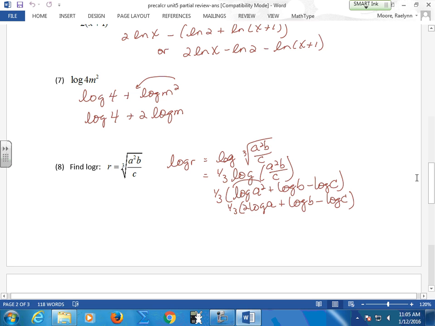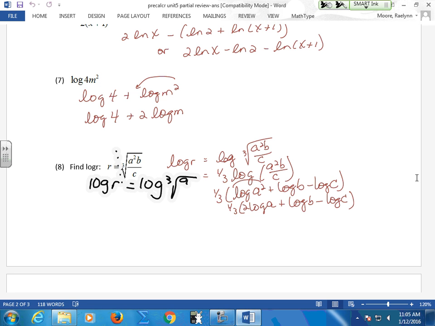Now, this says find the log of r. Well, if I say log of r here, if I put logs on one side of the equal sign, then I have to put log on the other side of the equal sign. But I have a radical here. So the first thing I want to do is get rid of the radical.